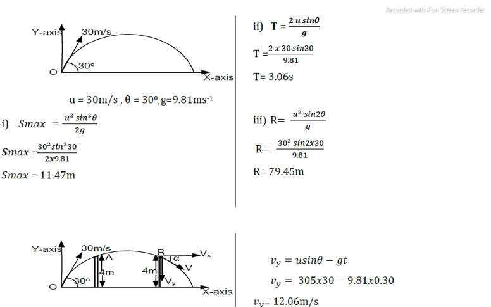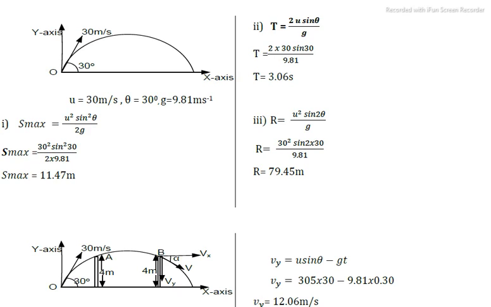So we shall sketch our projectile motion. We are given the angle, we are given the initial velocity, and automatically we shall have the value for acceleration, which is g, because it is under the influence of gravity.